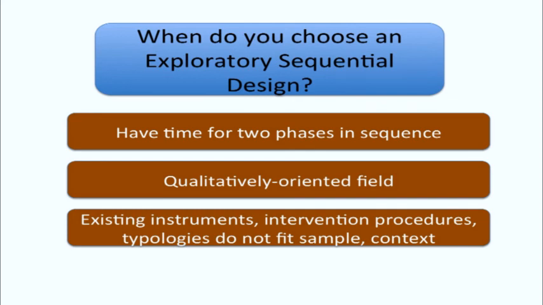It's also helpful in designing instruments that might work with a special sample or population where existing instruments are currently not available, coming up with intervention procedures for an experiment where some of those procedures may not be known in advance, or even coming up with typologies.